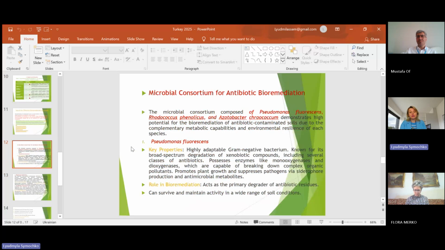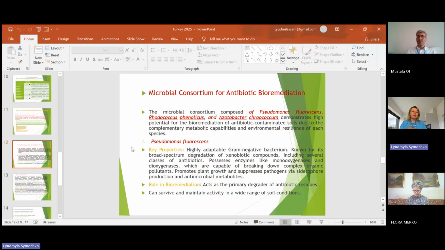Pseudomonas fluorescens is a highly adaptable gram-negative bacterium and well known for its broad spectrum degradation of xenobiotic compounds, including several classes of antibiotics.